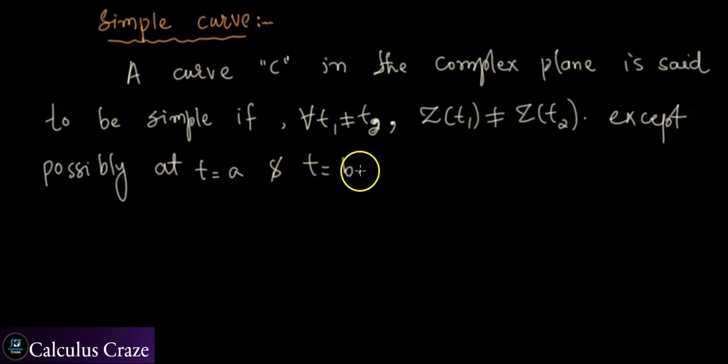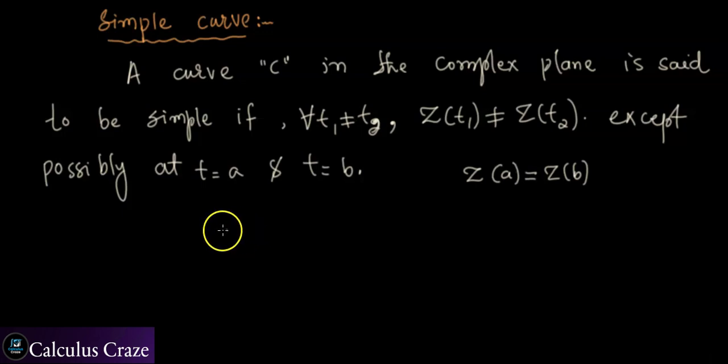The curve can have the property that z of a equals z of b, but other than a and b, if you take 2 points which are not equal, then z on those points should not agree with each other.